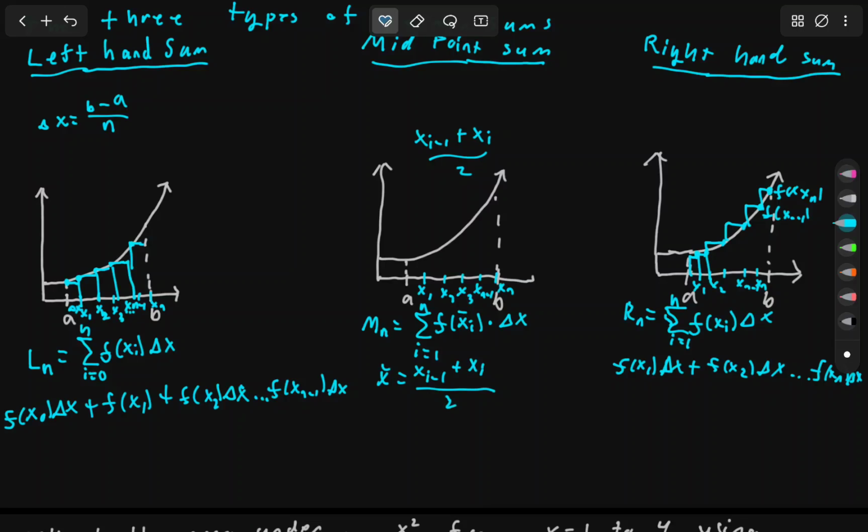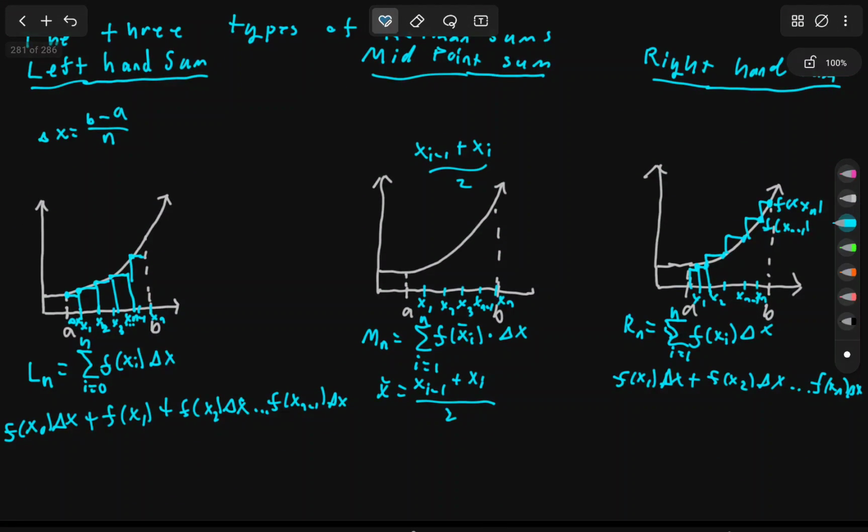So you can see here that if we're adding the first term here, we're really just going to be adding x naught plus x of 1, dividing that by 2, and that's going to be the x value that we use in f.